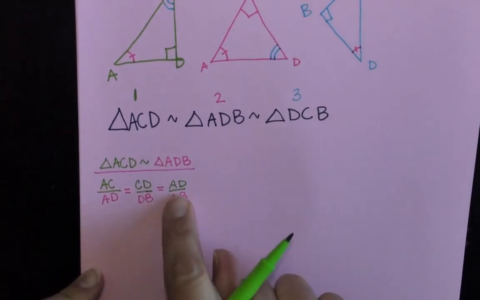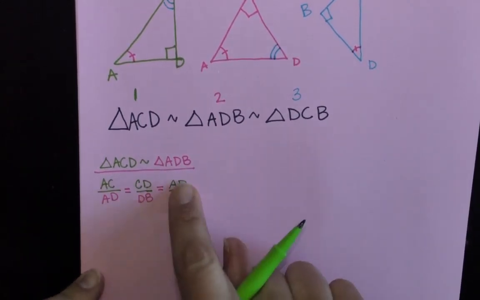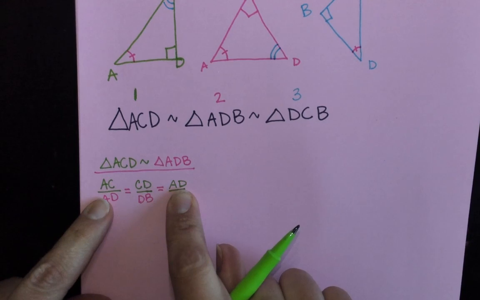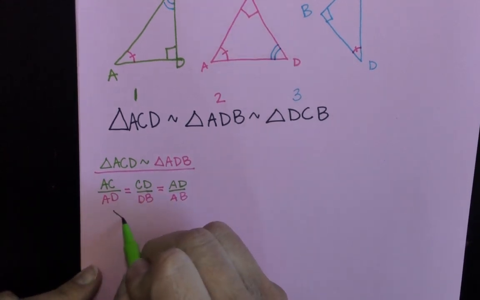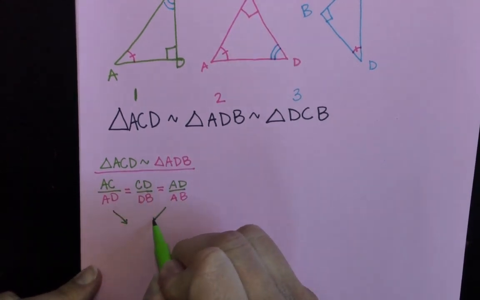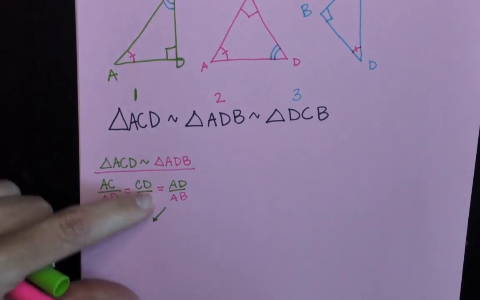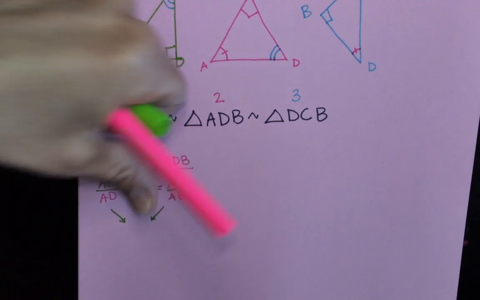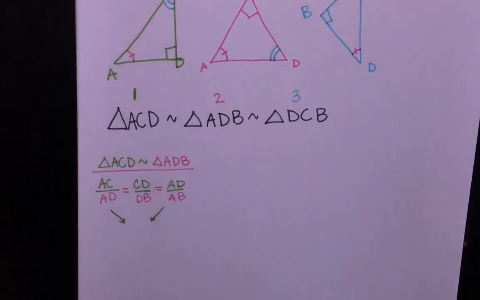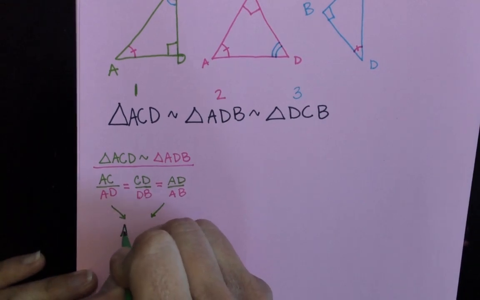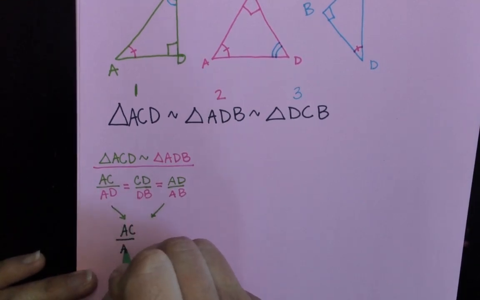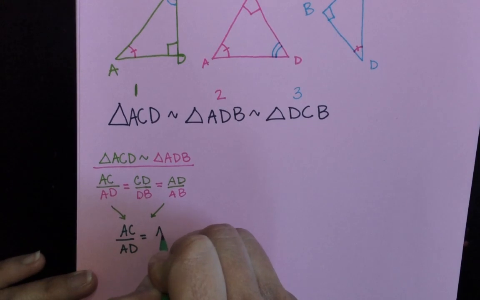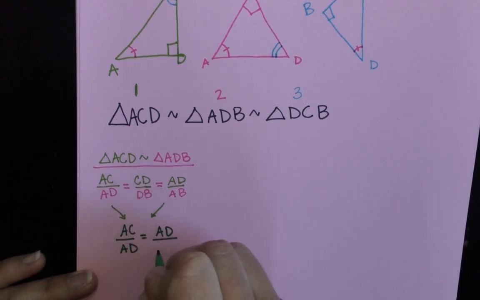They're not even in the same fraction. They're never going to correspond because they're not in the same fraction. So if I just brought those together, took them out of the proportion, what we end up with is AC over AD, AD over AB.